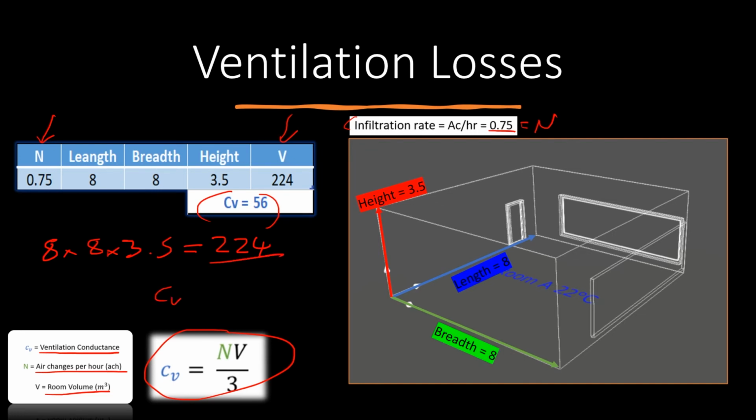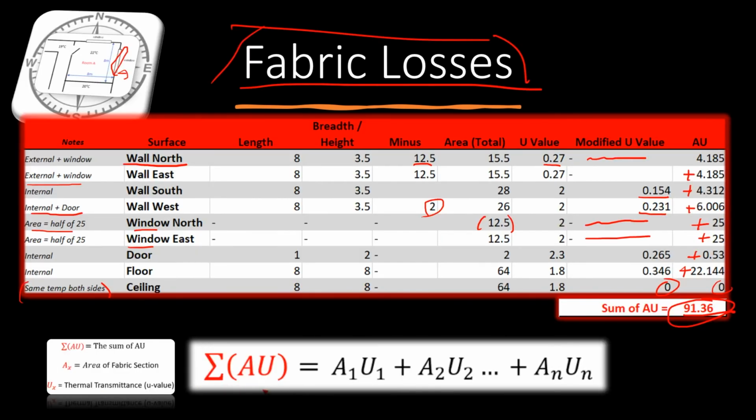And I can say that CV equals 0.75 times 224 divided by 3 equals 56. Okay, so nice and easy for that one. And then the next part, find the delta T, nice and easy again, we've already done it previously. The only difficult part of this question is that long laborious process of going through all of your fabric losses.